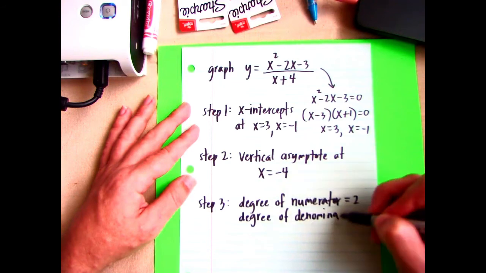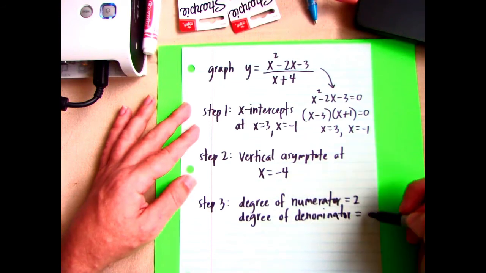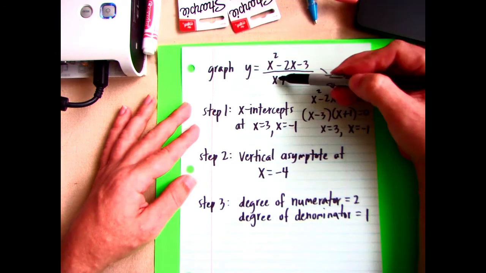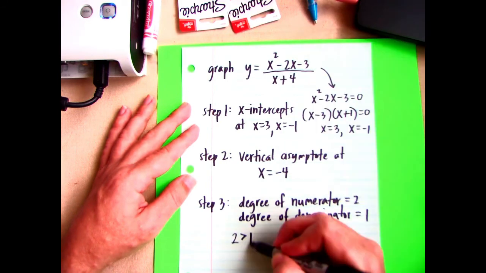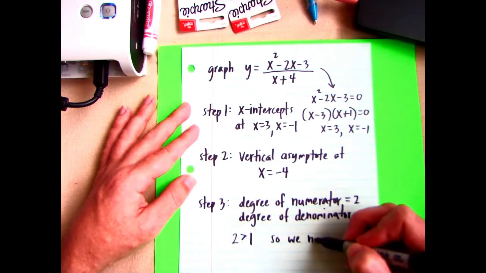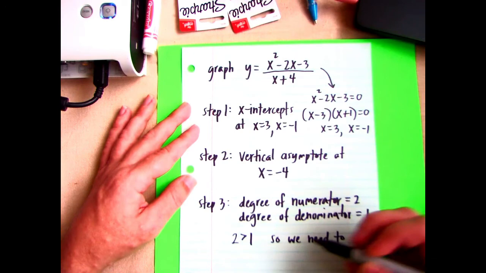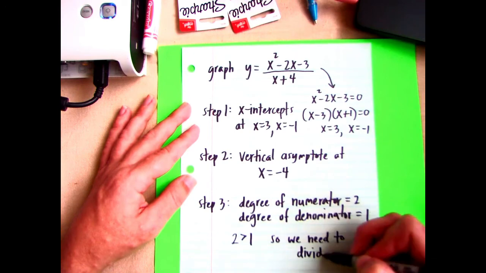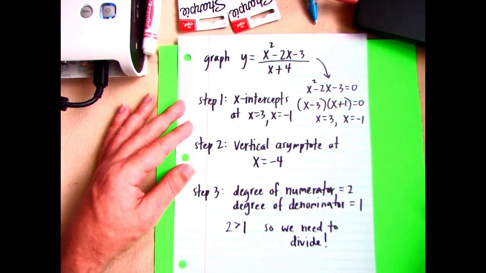So when that happens, we have to divide. Our asymptote is going to be a slant asymptote or an oblique asymptote. It's going to be a slanted asymptote line. So to get the equation of that line, we have to divide.